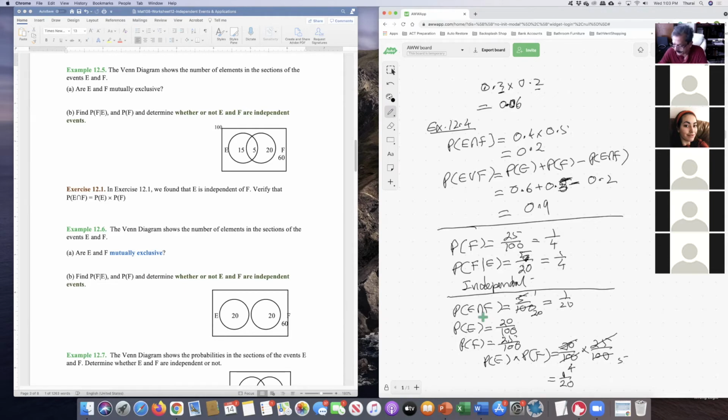About the probability of E times probability of F at the bottom. Okay, probability of E times probability of F is 20 over 100 times 25 over 100. And then I'm reducing the numbers that reduce. The 25 divides 100 into 4. Right? There are 4 25s in 100. And there are 5 20s in 100.